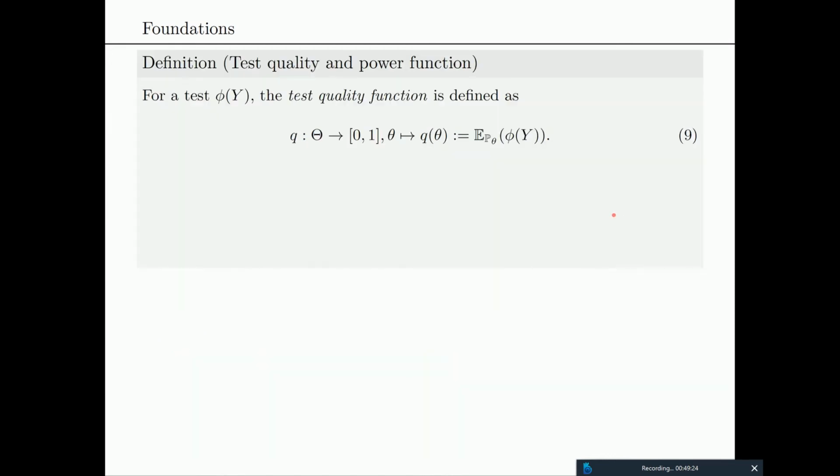Finally, the test quality function, or power function, because the power function is a specific part of the test quality function. Somehow I have the y on all of these slides, sorry.